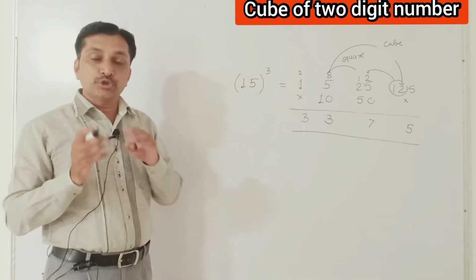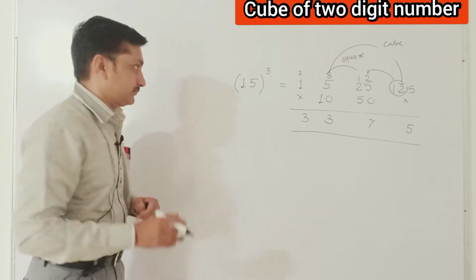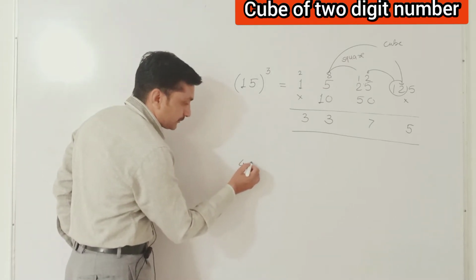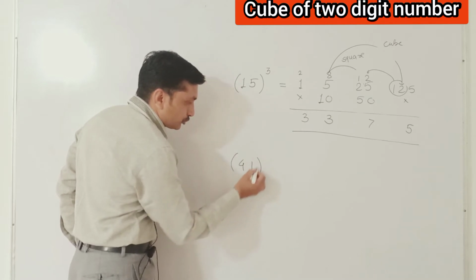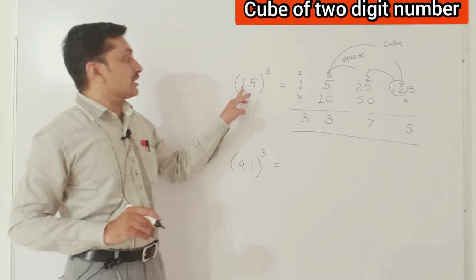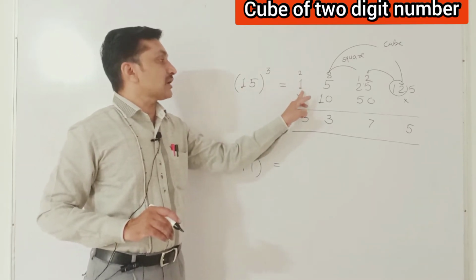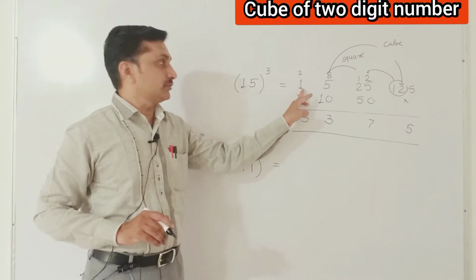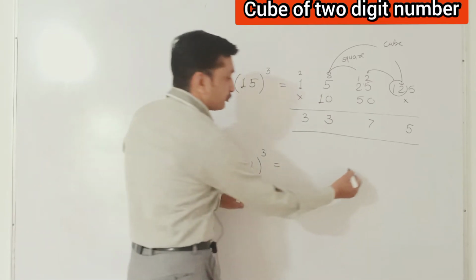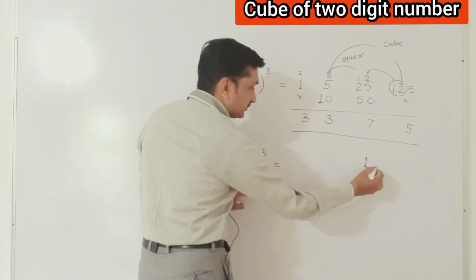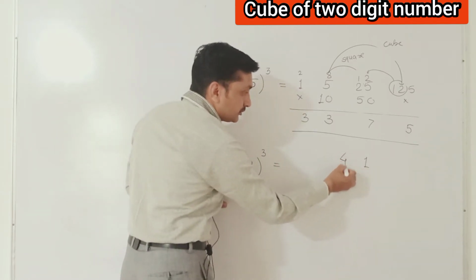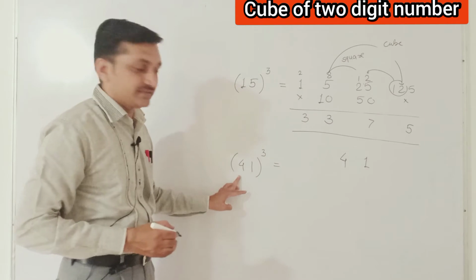Now the cube of a number ending with 1. I take the number 41. 41 cube, ending with 1. When we started with 1, we started from the left side, 1 5. If it is ending with 1, you start from the right side, 1 in the unit place, 4 in the tens place as it is.